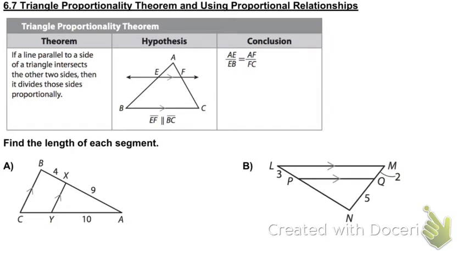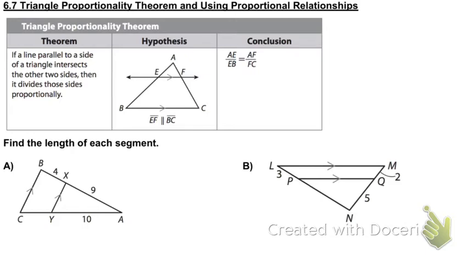If that line intersects the other two sides of the triangle, does this line that's parallel to the third side intersect the other two sides? Yeah. The if part is true, that means the then is true. You guys remember doing those if-then statements? The if is true, now the then is true. So this line, EF, divides these sides proportionally. A proportion is two ratios that are equal.